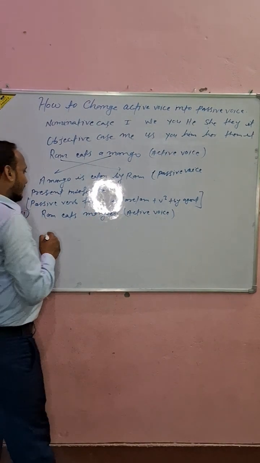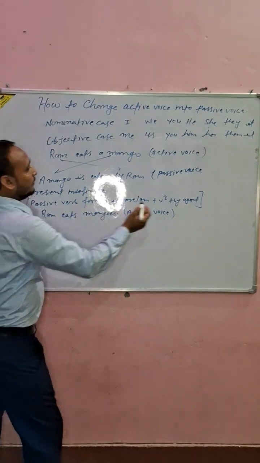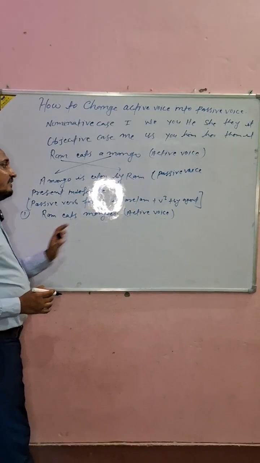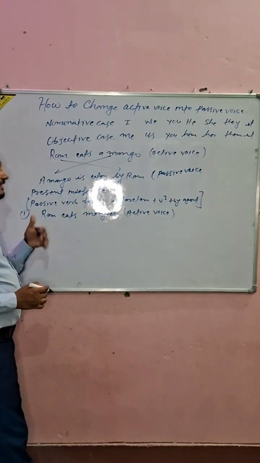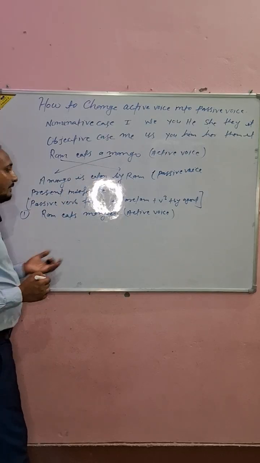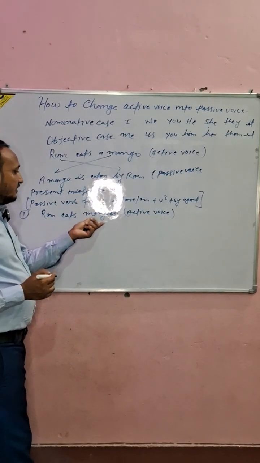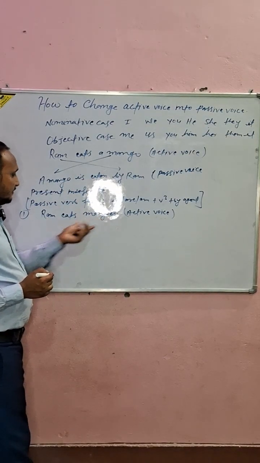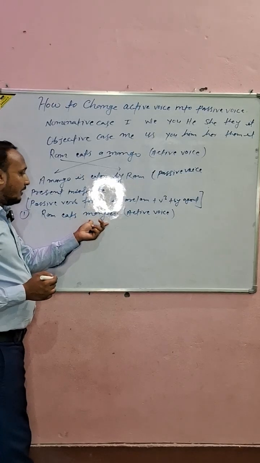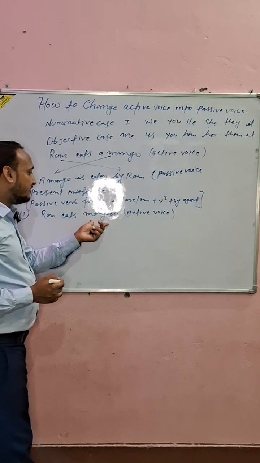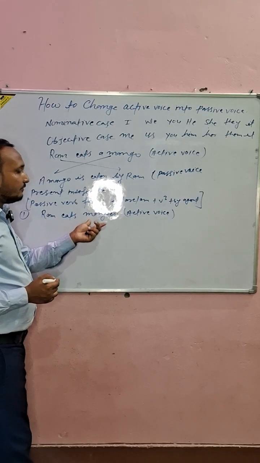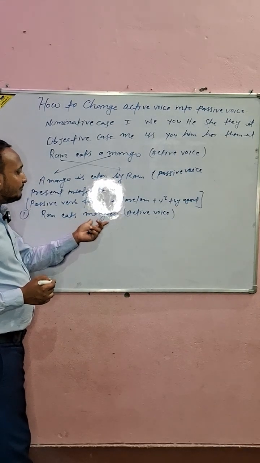According to this rule, I have already written the rule of the passive form here. According to this rule, we can change it. Just before, I told you that we change the object to the subject. What is the object of this sentence?